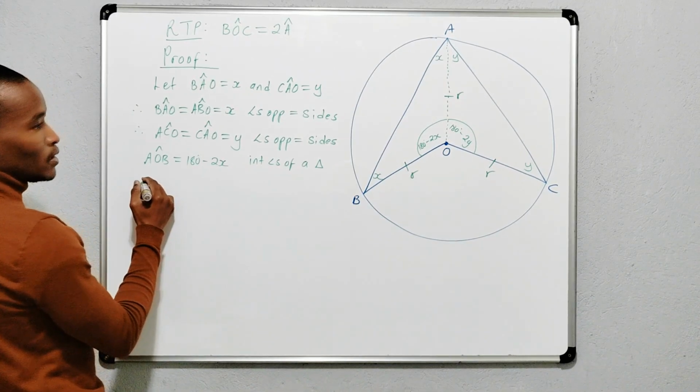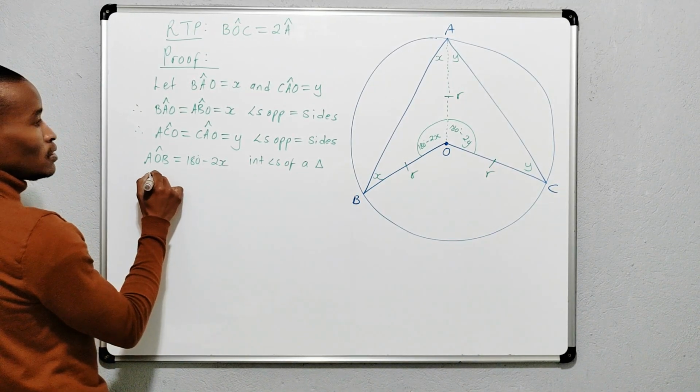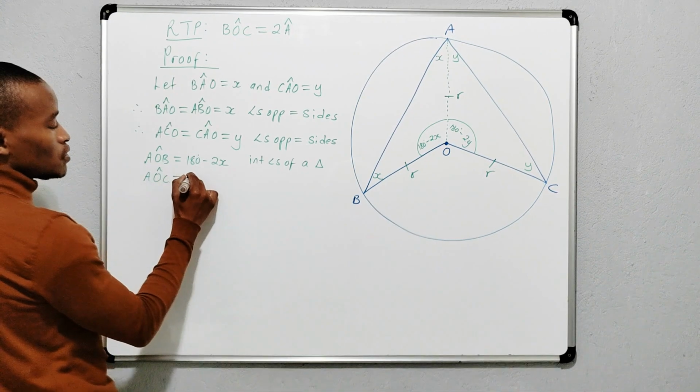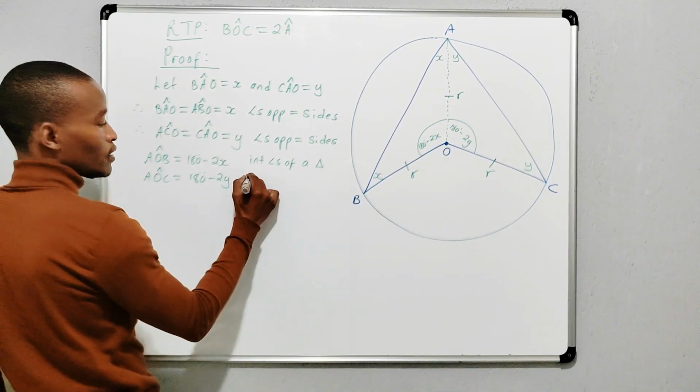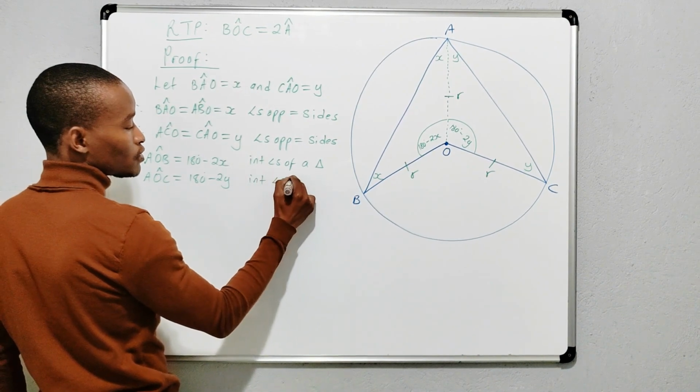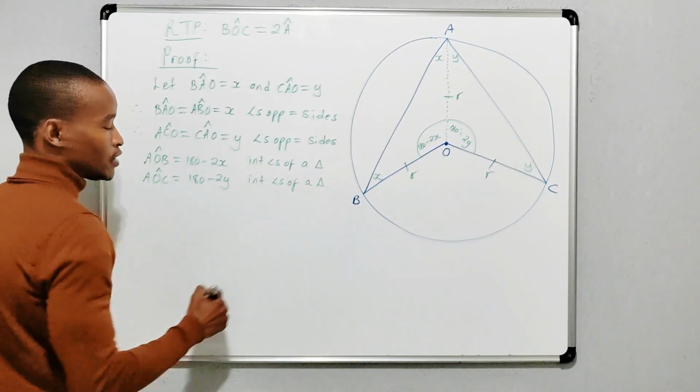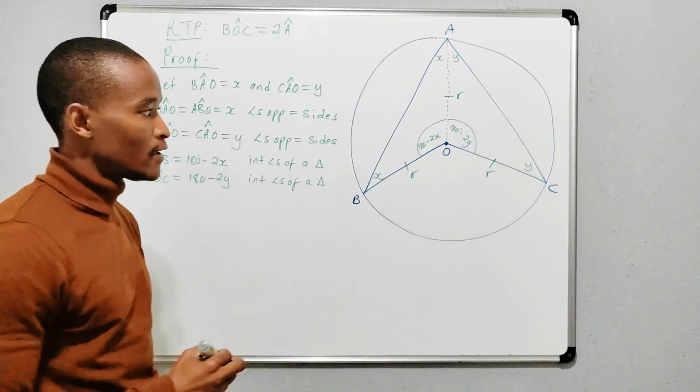And we know that angle AOC is equal to 180 degrees minus 2y, again by interior angles of a triangle. Okay.